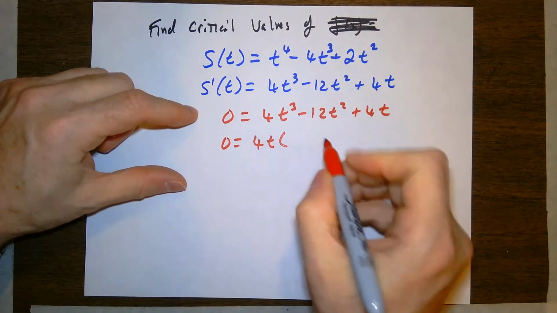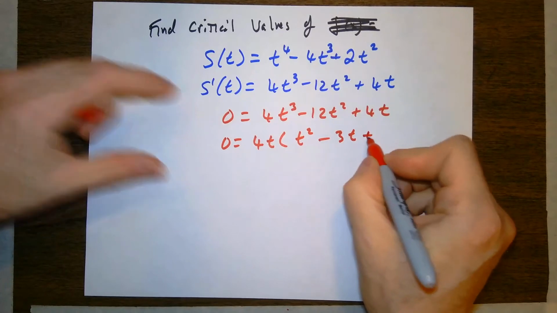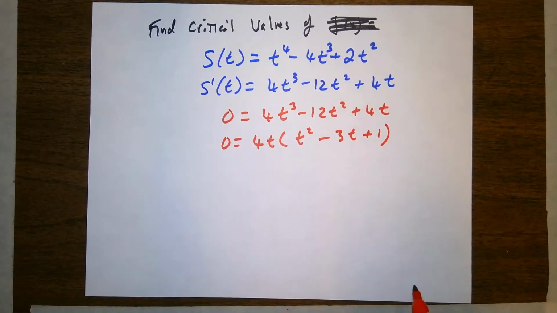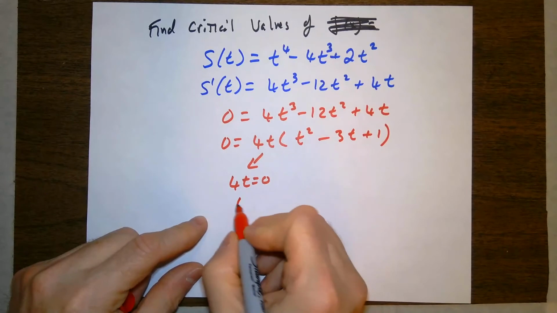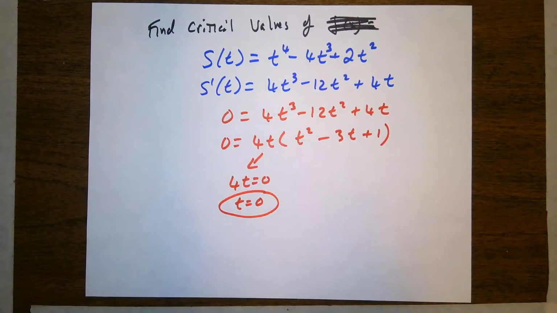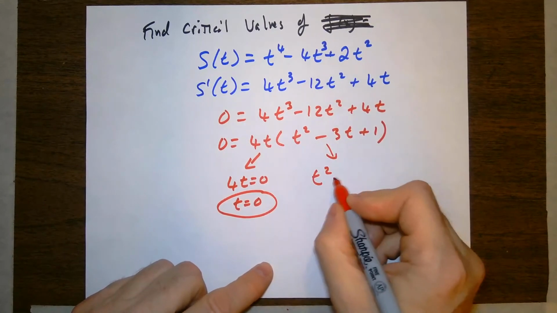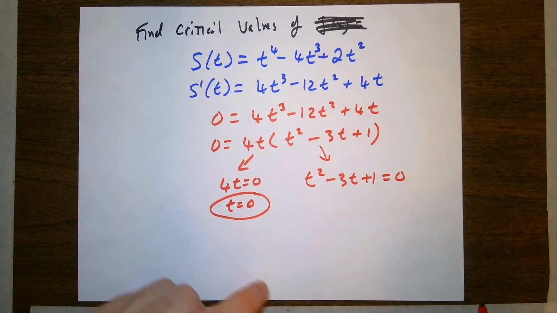So 4t, and I'm left with t squared minus 3t plus 1. And clearly 4t equals 0, t equals 0. There is one critical value. How about this one? t squared minus 3t plus 1, set that factor equal to 0.